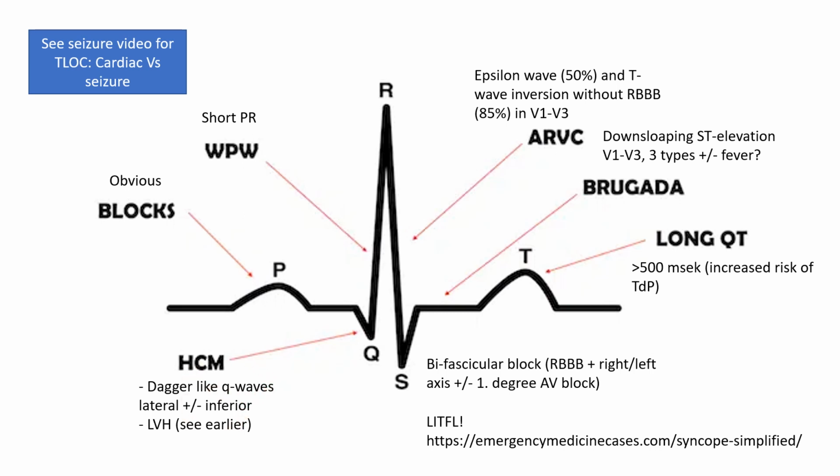The Qs, if they are dagger-like, really going far down, narrow Q waves that are really deep in the inferior or lateral leads, then think of hypertrophic cardiomyopathy. Then you go on to your delta wave, see if the PR interval is shortened.